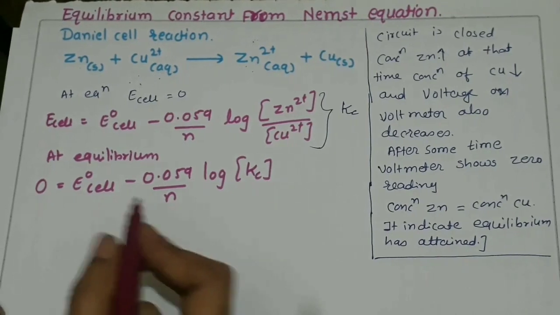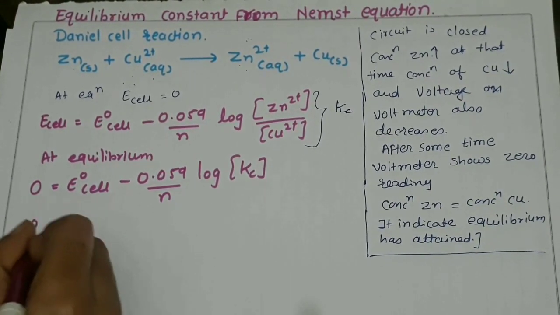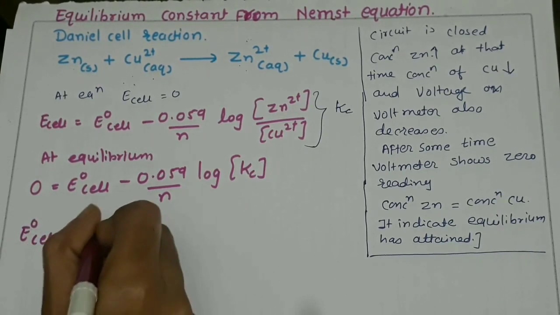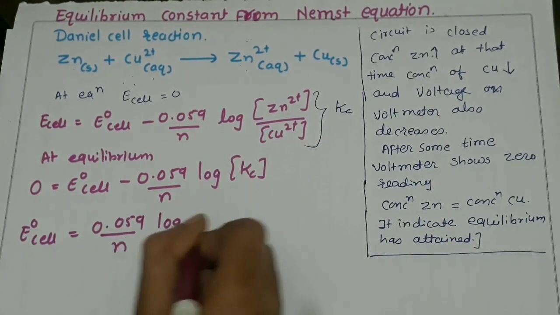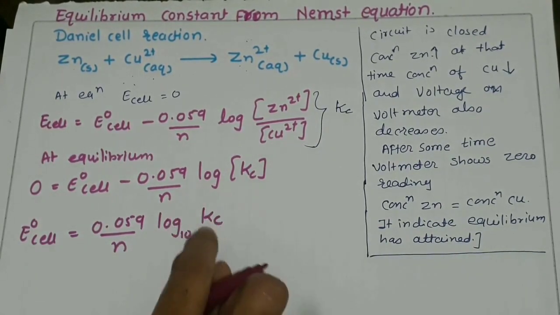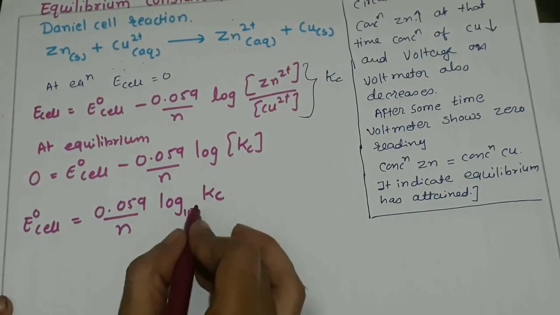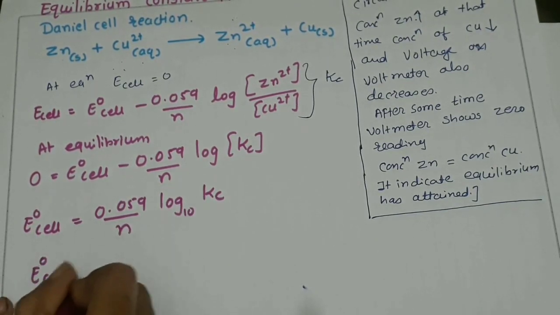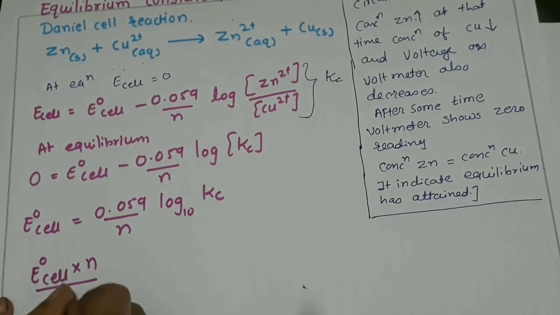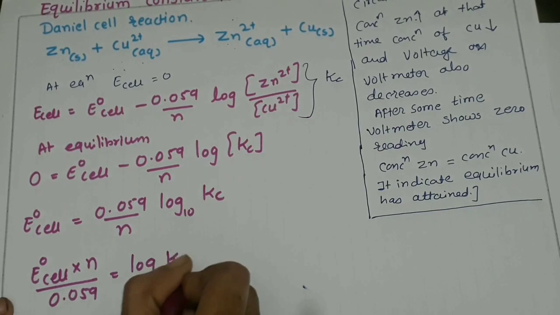Now we will simplify this equation. E naught of cell is equal to 0.059 upon n log of Kc, where Kc is the equilibrium constant. If I want to find the value of Kc, my formula becomes E naught of cell into n upon 0.059 is equal to log of Kc.